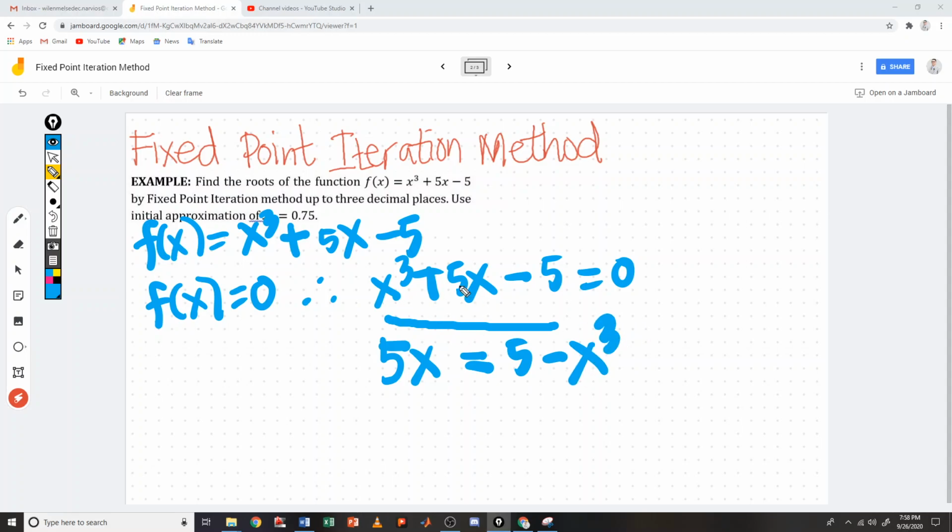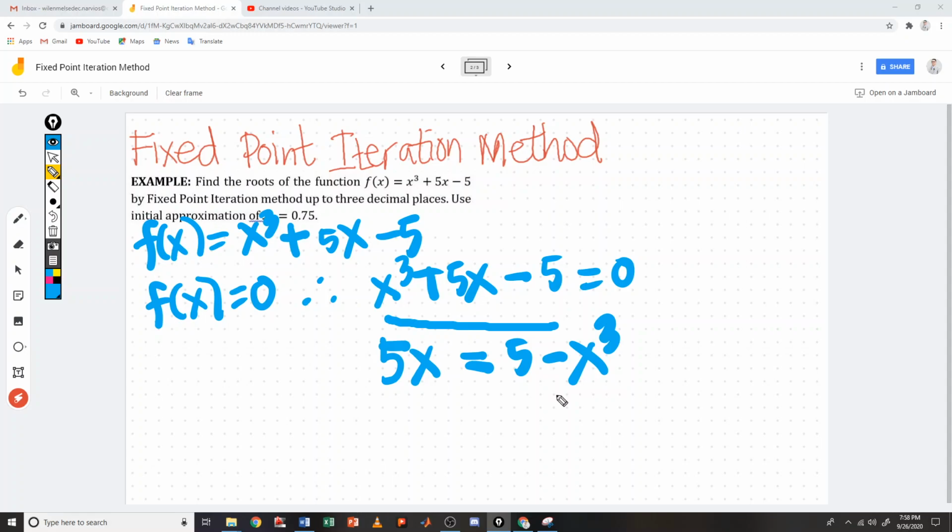Okay, looking back at this function, we can transpose these two terms here, the 5 and the minus x cubed.